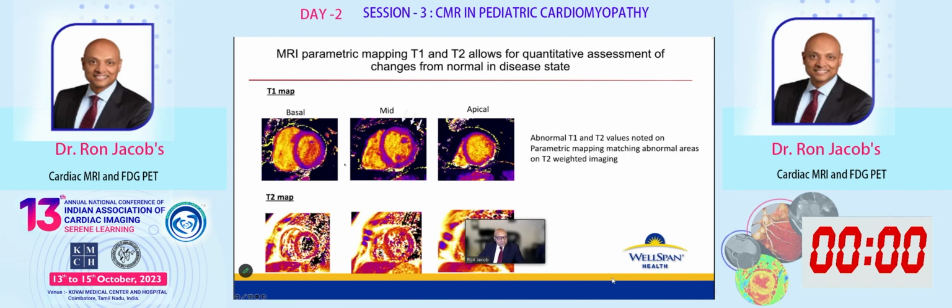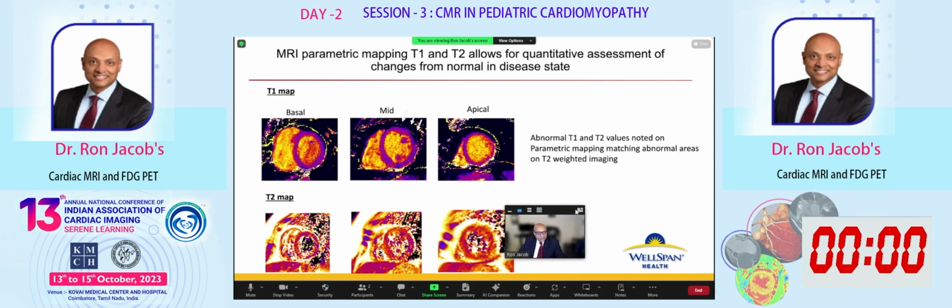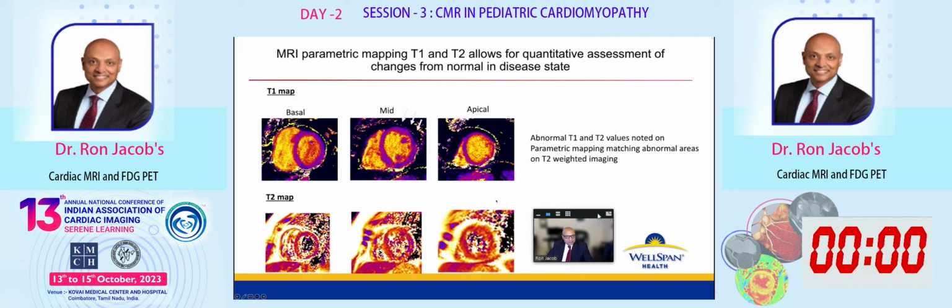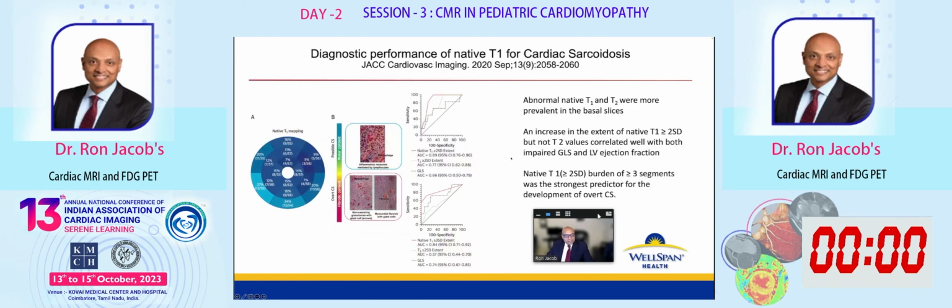And then these are our parametric maps, and corresponding to those areas, you have an elevated T1 and T2 value in the basal anteroseptal and the basal anterior wall. So this is a paper that looked at the diagnostic performance of just native T1 for cardiac sarcoid, published in 2020.